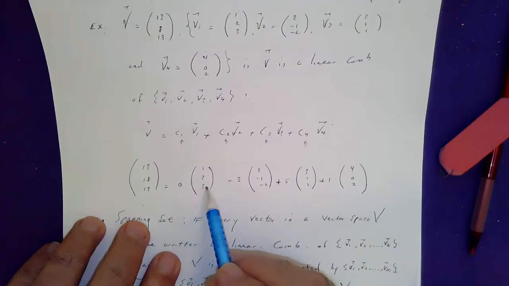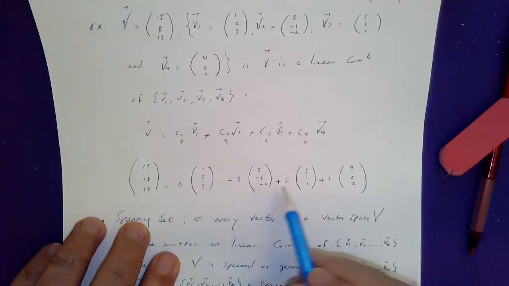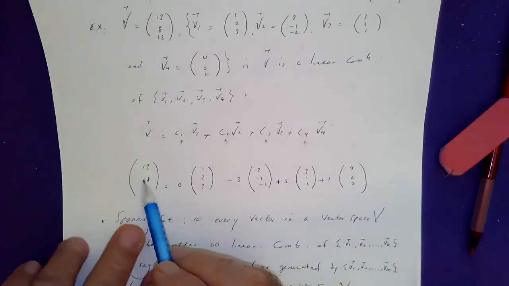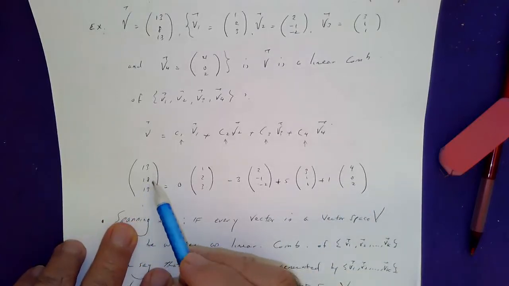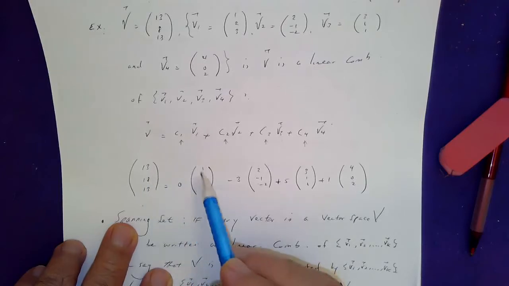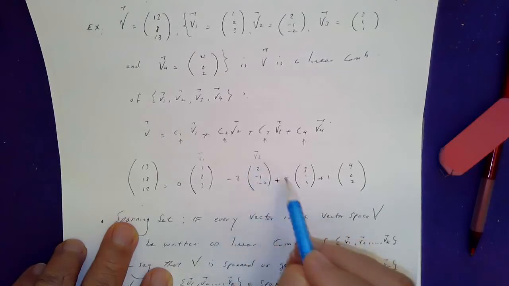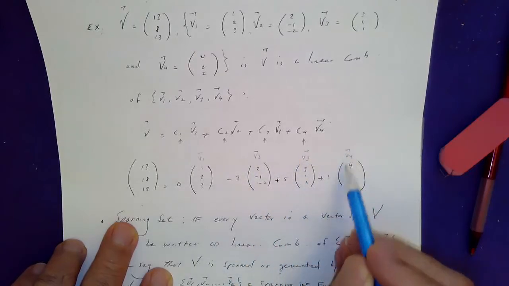Turns out 0 of v1, minus 3 of v2, plus 5 of v3, and plus 1 of v4 gives you your desired vector. In this case, to get (13, 8, 13), we multiply v1 by 0, v2 by negative 3, v3 by 5, and v4 by 1.